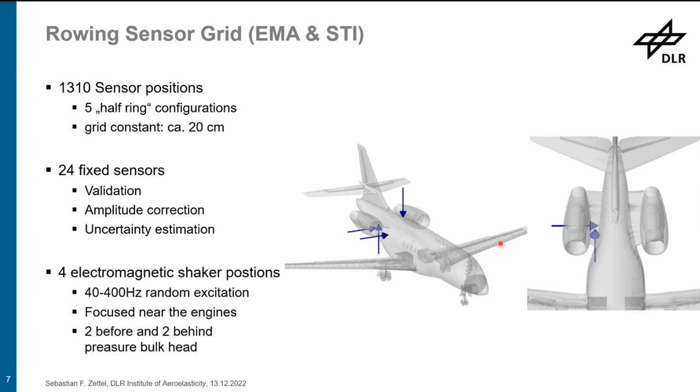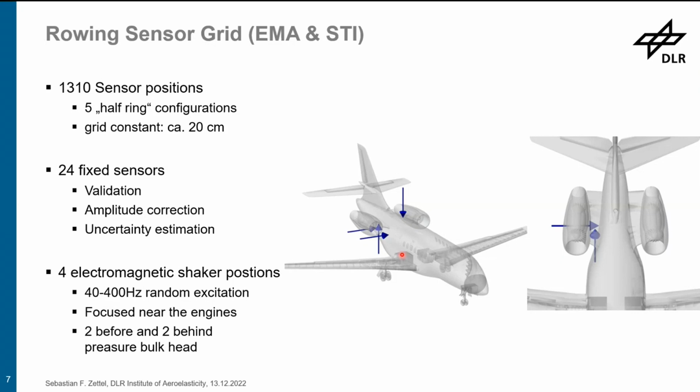We chose 2 excitation points behind the rear pressure bulkhead on the fuselage itself, which this vector indicates, and also 1 excitation on the pylon of the engine, which is this vertical one, in order to mimic the engine vibrations which would occur due to the engines running.